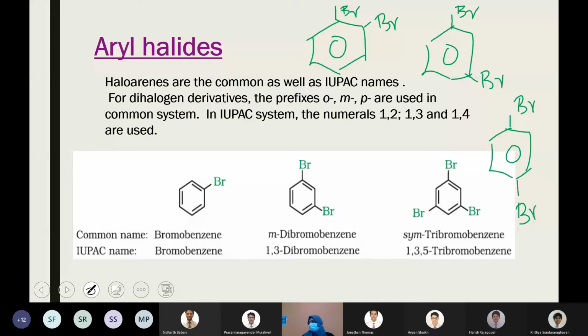They have the same molecular formula, only the position of the bromine is different. So what will be the first? If you number them as 1, 2, 3, what will be the name of compound 1, the common name and the IUPAC name?